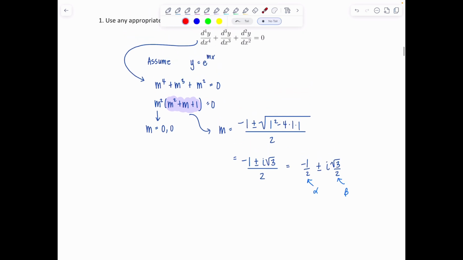So now let's construct our solution. Notice, again, this was an order 4 differential equation. We should have 4 terms in our solution, just like we had 4 roots to our characteristic equation. 1, 2, plus or minus is 3, 4. So here we go.